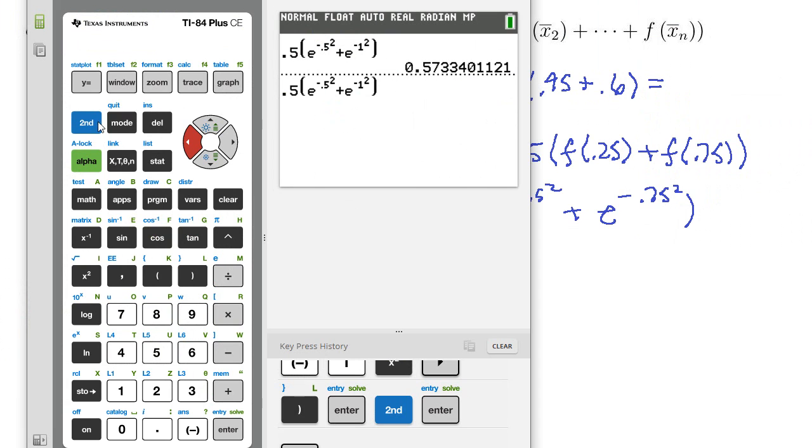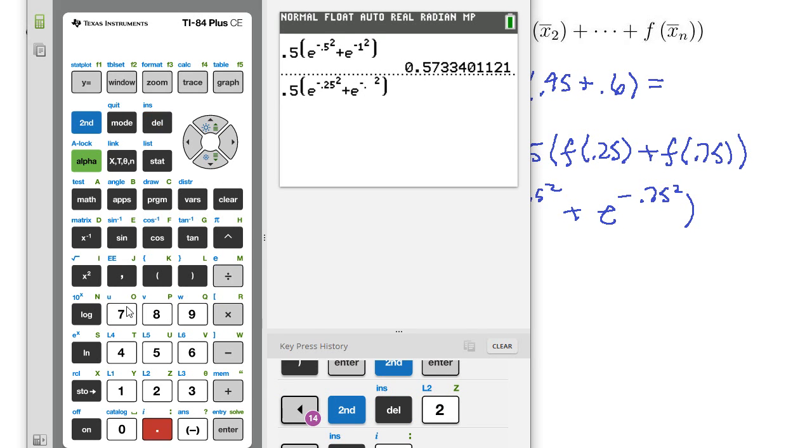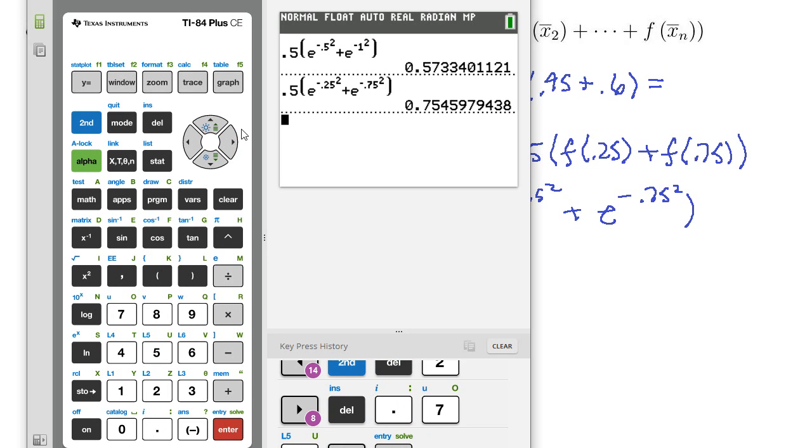So I'm just going to do a second insert and insert a 2. And then I'll arrow over here. I'm going to go ahead and delete that 1. And I'm going to do a 0.75. And there we have it. Enter. So 0.7546.